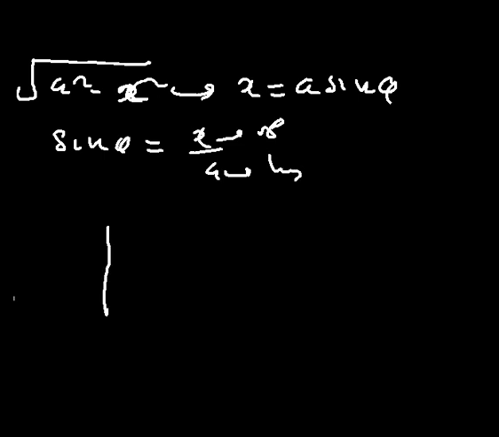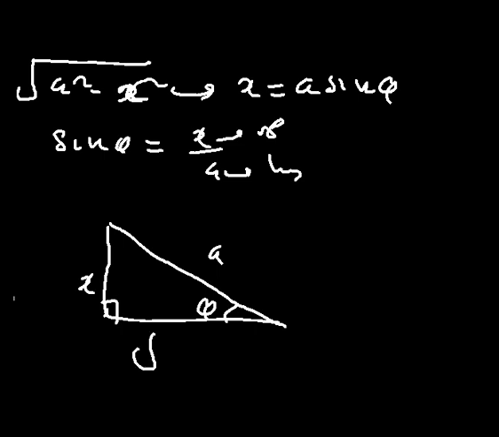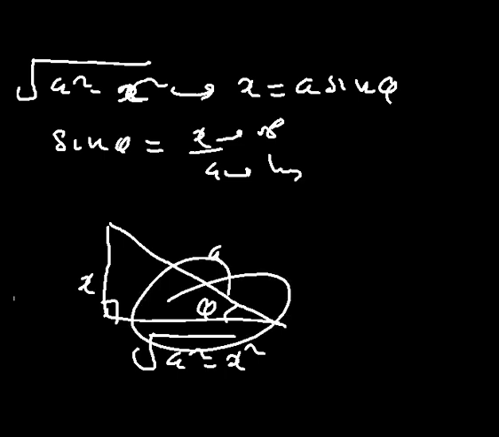Coming up with the right angle triangle for that, this is the theta, that is x and that is a. Using the Pythagoras theorem, this side is the square root of a squared minus x squared. So we should have this in mind.